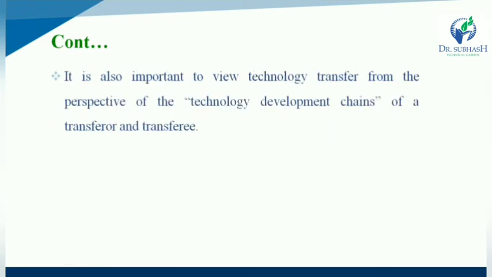It is also important to view technology transfer from the perspective of the technology development chains of a transferor and transferee. So the technology development chain is maintained between transferor and transferee.